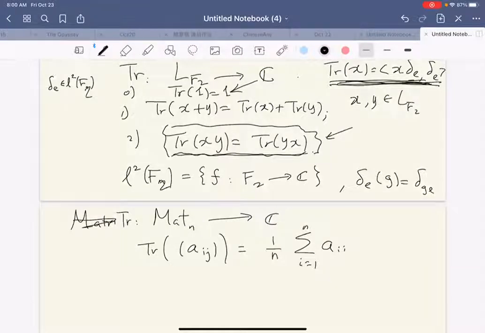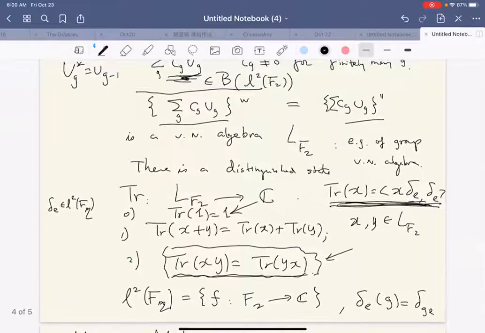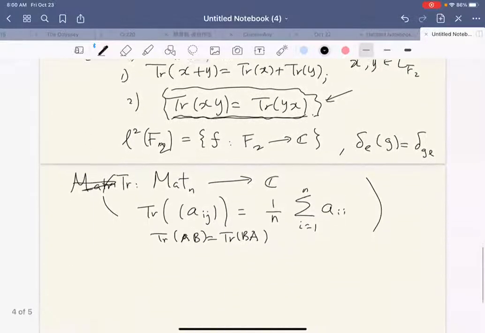One important property of the trace is that the trace of AB equals the trace of BA; you can do a cyclic permutation and it doesn't change. This is similar to that. So this second example gives a von Neumann algebra together with a distinguished state, a tracial state, which verifies this property.